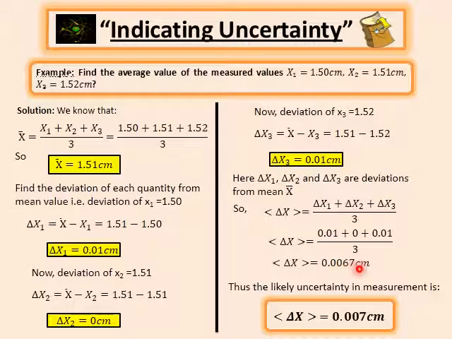Now after solving this, we have 0.0067 centimeters. Thus after rounding off, the uncertainty in the measurement, the average uncertainty in delta x, is equal to 0.007 centimeters.